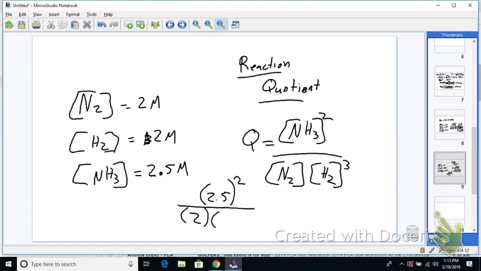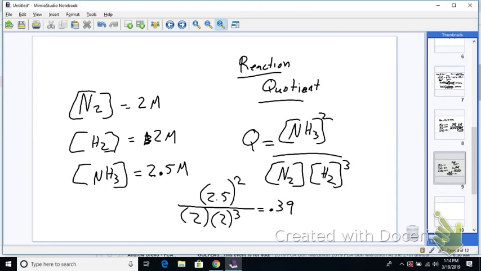And then we got 2 cubed. Okay, what'd you guys get for an answer? 0.39. Okay? So 0.39, it doesn't have units. Now, any questions on that?